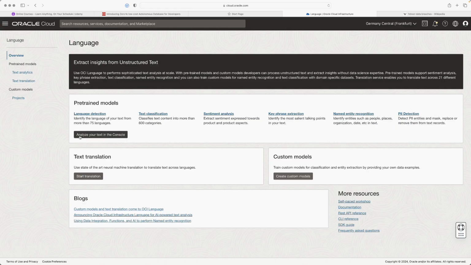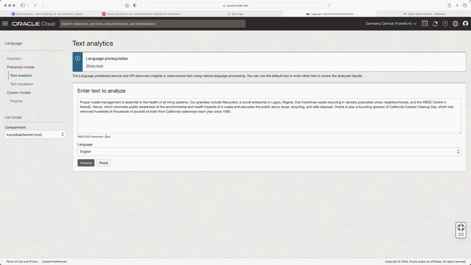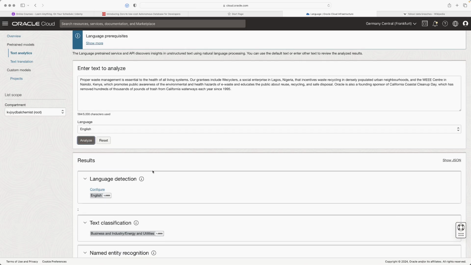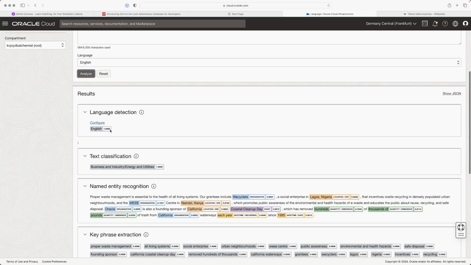If you simply click on Analyze your text in the console, you will see that every time you refresh the page, Oracle Cloud will change the text. If you want, you can always copy and paste your own text as well. But for this, let's quickly check what happens. If I click on Analyze, just see how quick it is, right? It's able to detect your language, English, perfect.